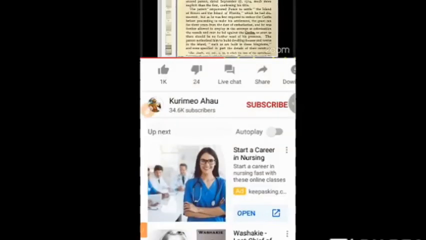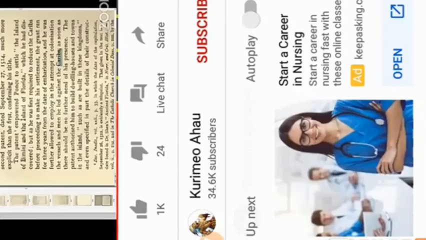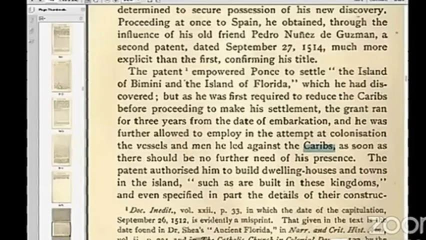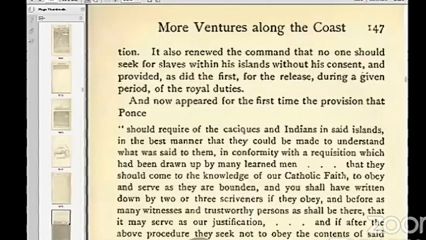All right? As soon as there should be no further need of his presence, the patent authorized him to build dwelling houses, towns in the island, such as are built in these kingdoms, and even specified in part the details of their construction.